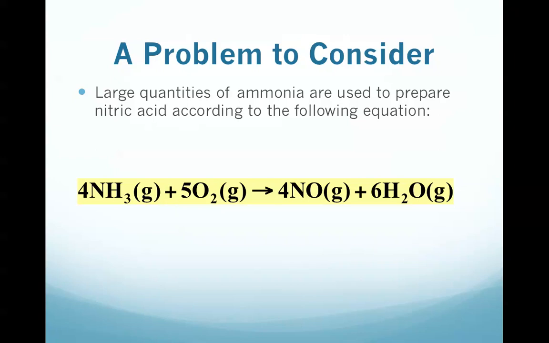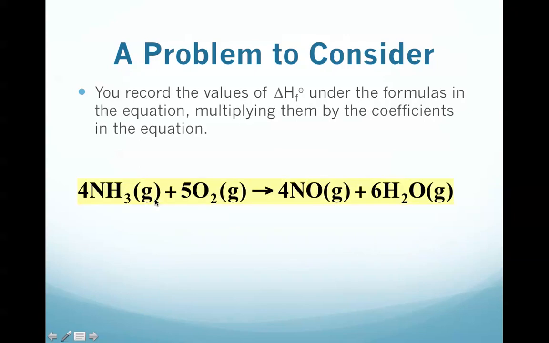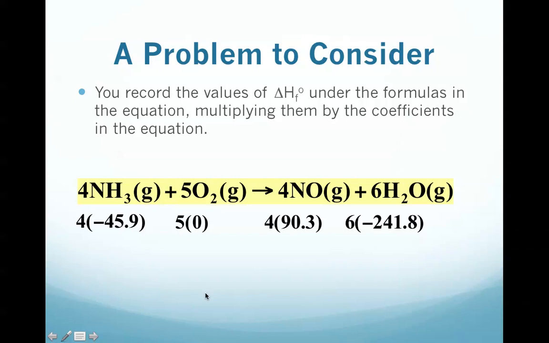It just depends on whether it's a 0 value or not. I want you to find the standard enthalpy change for this reaction. If you're in your book, go ahead and do that. Stop the recording and figure it out, because I don't know if you have a table at home.